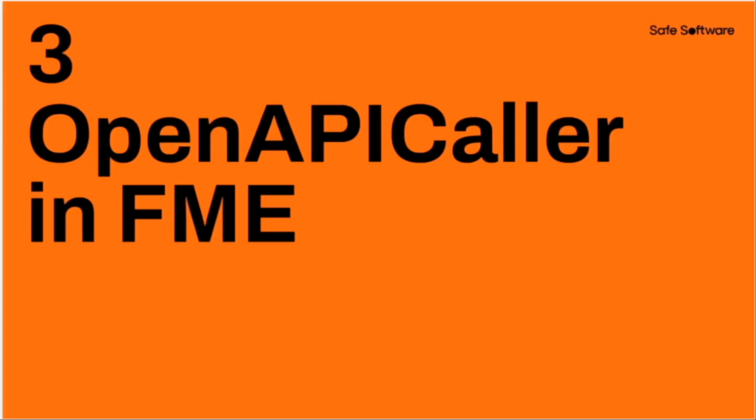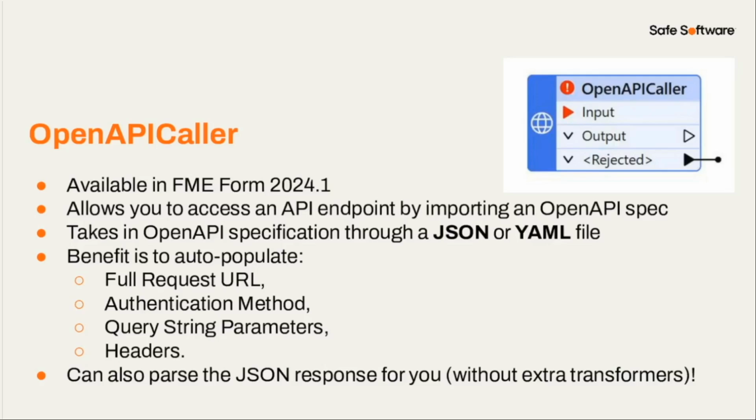I'm going to jump into a new transformer we have available in 2024.1 called the OpenAPI caller. So what is the OpenAPI caller, and what's different about it is that it allows you to access an API endpoint by importing the OpenAPI spec directly from your service.